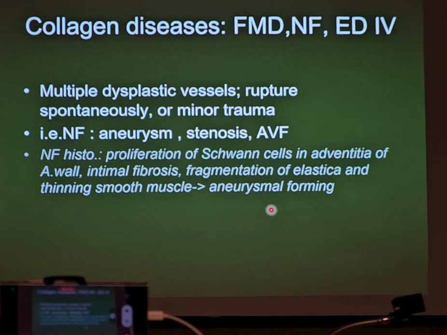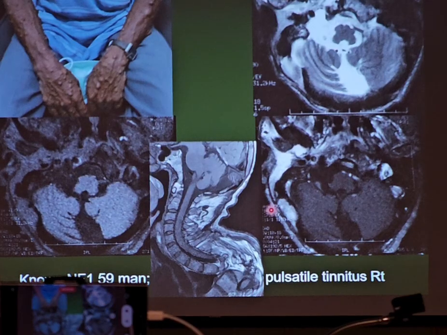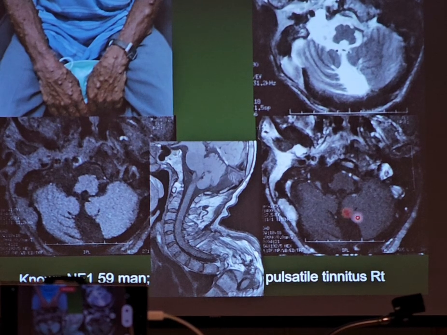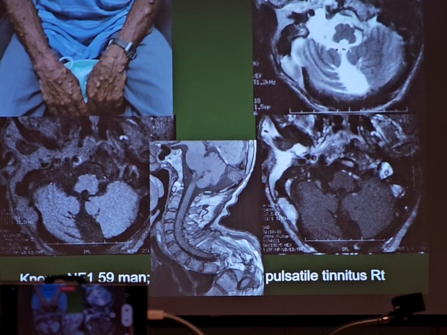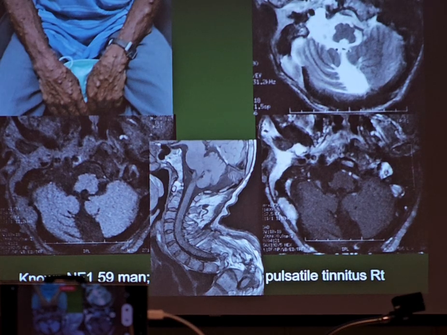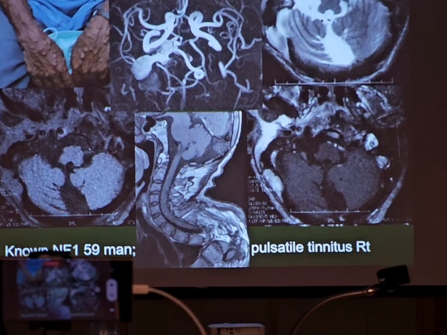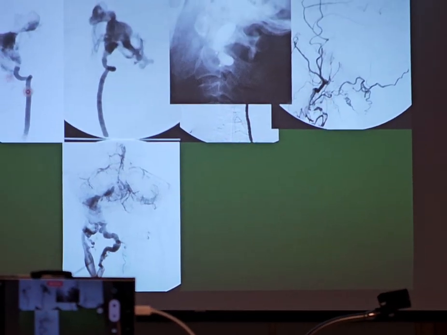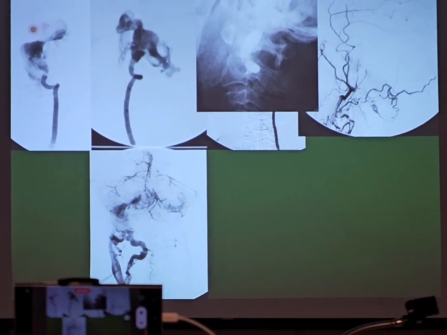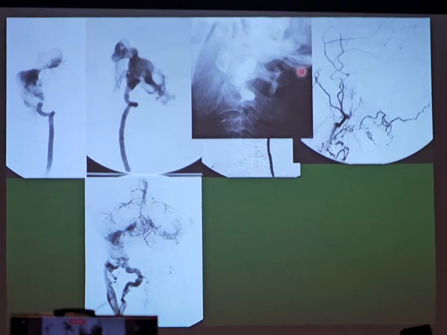Last group is what I told you about these plastic vessels. If you have a clinical picture for sure of neurofibromatosis, and you have a lot of deformities of the spine, a lot of deformity in the brain, the skull base, and you see this pouch, which is related to the opening of the fistula with a large pouch.